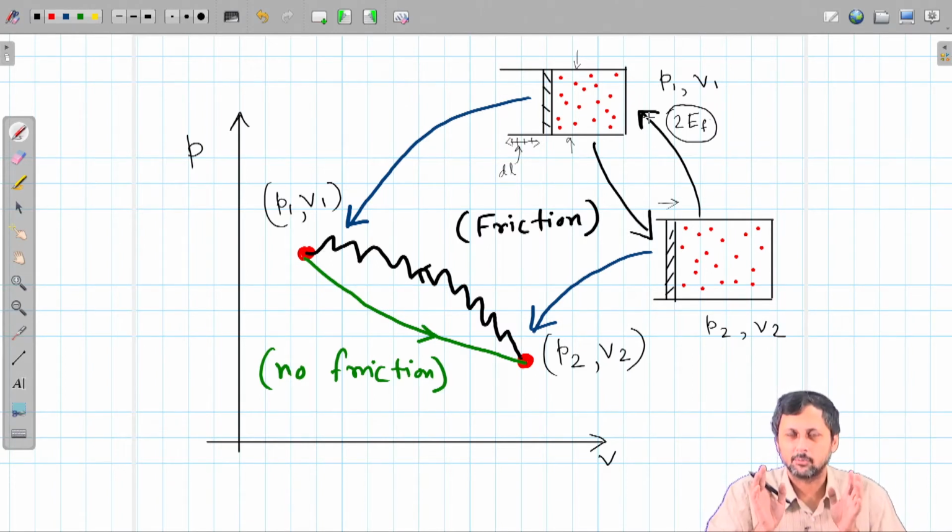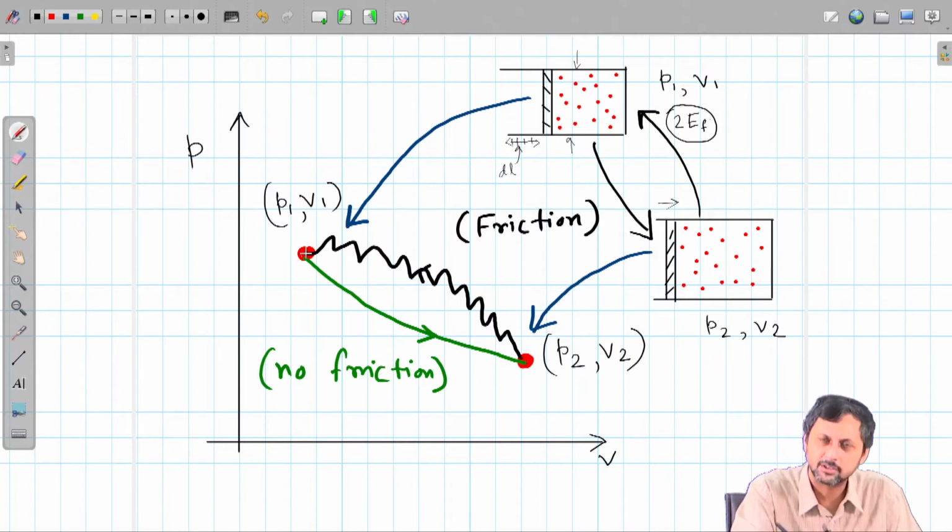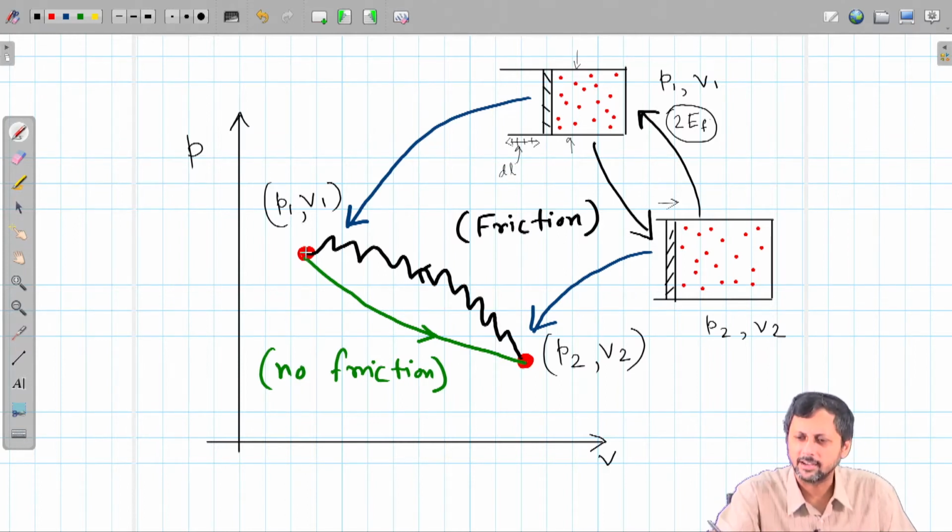I think I can make you understand. The frictional forces are not reversible. The state might go back from here to here, but there will be a net loss of 2 EF, where EF is the frictional energy dissipated in one particular direction.